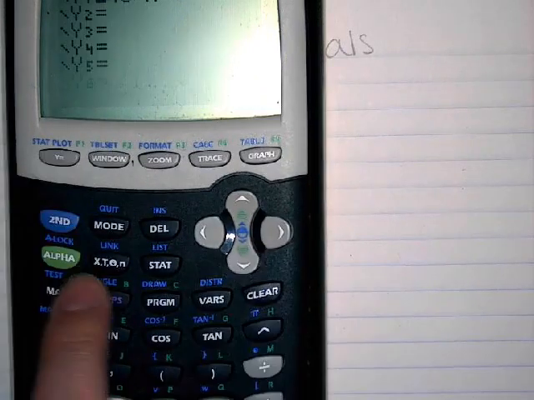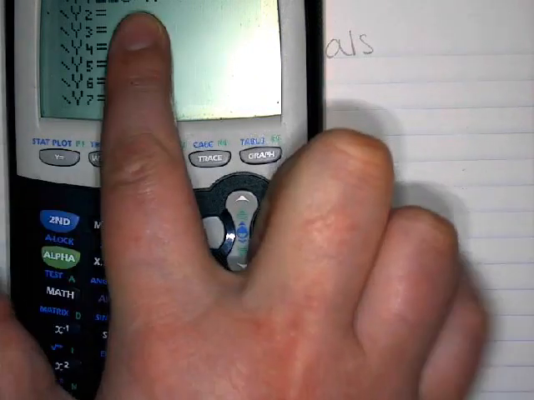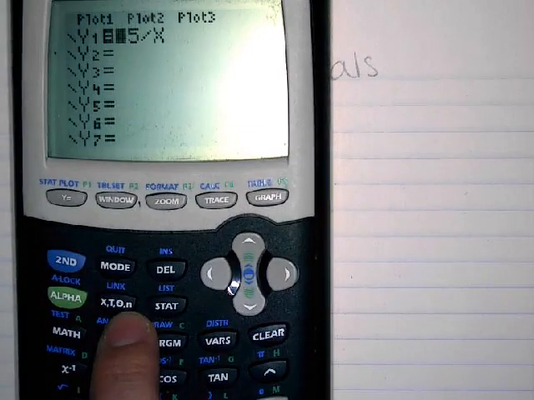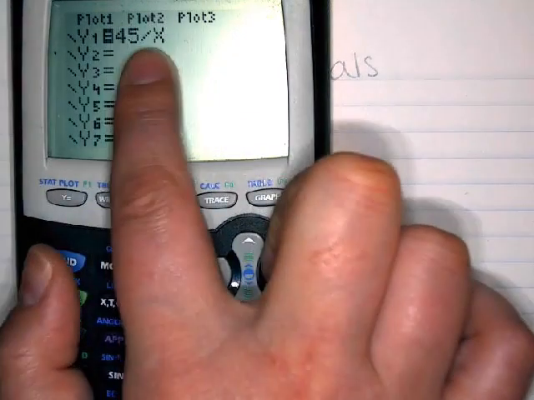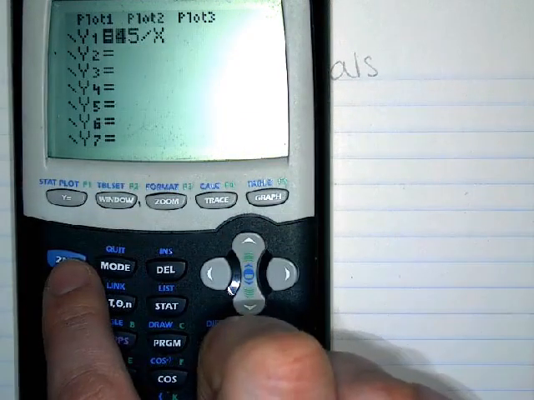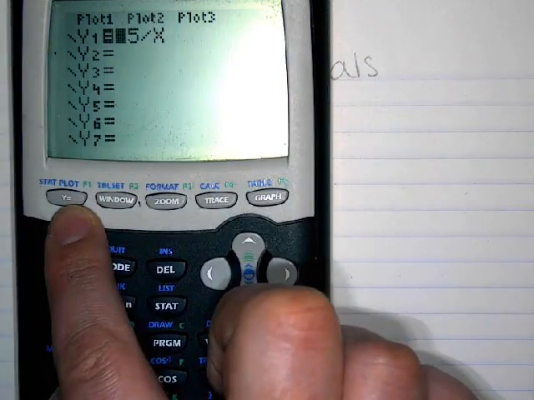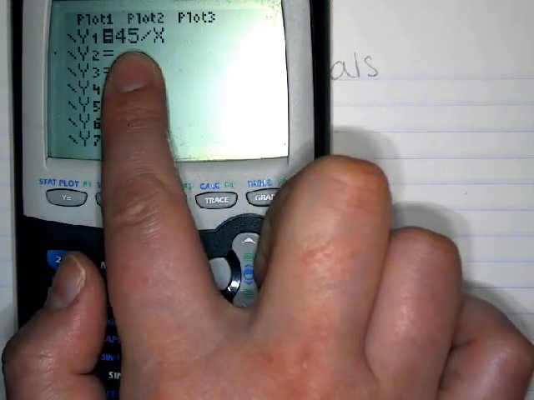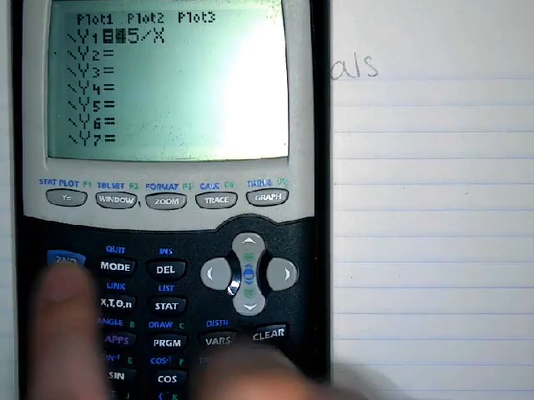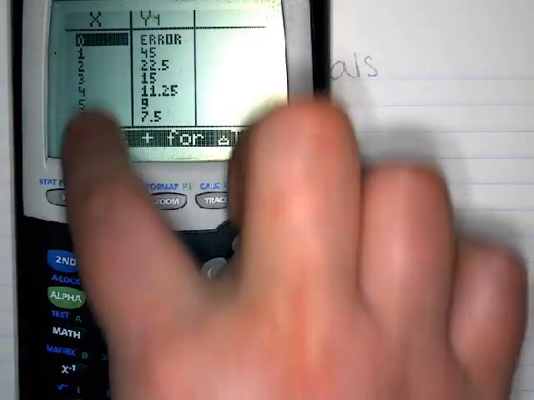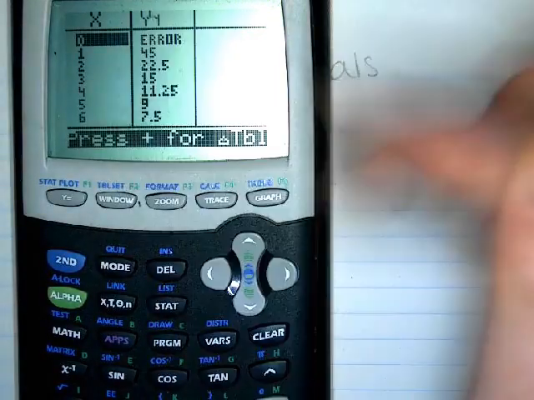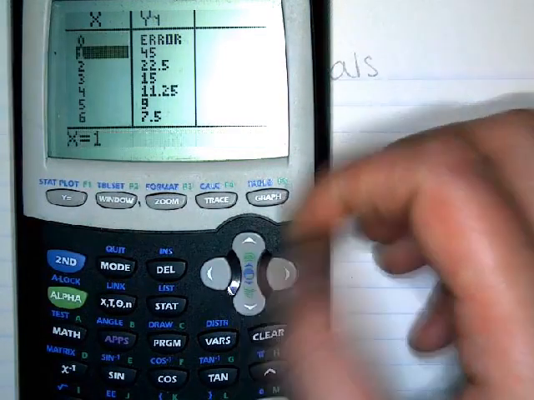Okay, so from here, we had 45 divided by x, and then you hit y equals, which is right here. Then from there you do second graph, and this is all of your options. So what we do is we work our way through the list.